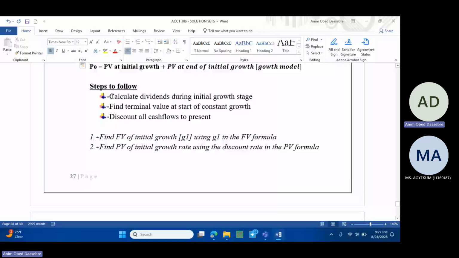During the initial stage, you grow the dividend, that's your D naught, by the growth rate using the future value formula.